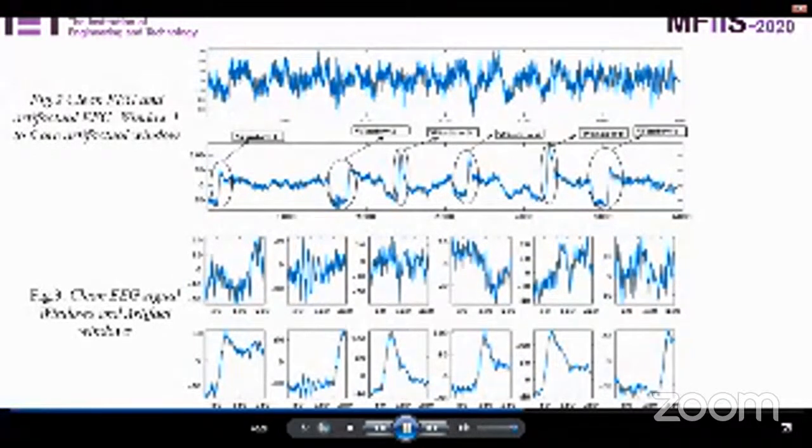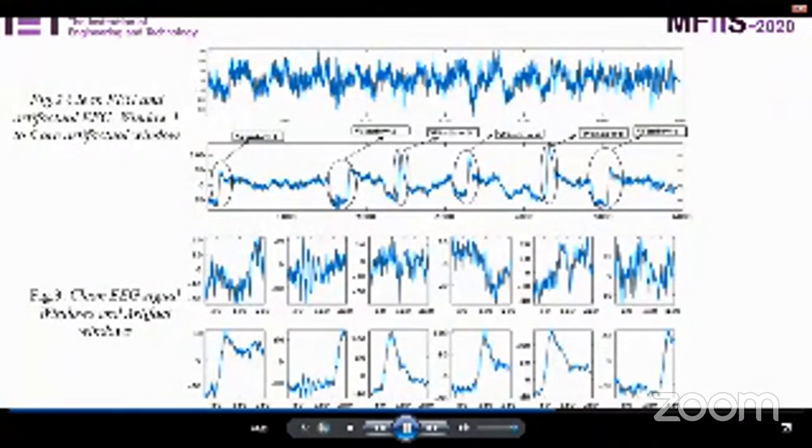Now in figure number 2, the clean EEG signal and the artifactual EEG signal are given. For the clean EEG signal, the amplitude range is between minus 30 to 30 microvolts, and for the artifactual EEG signal the amplitude is between minus 50 to 100, so the amplitude may be more than 100.